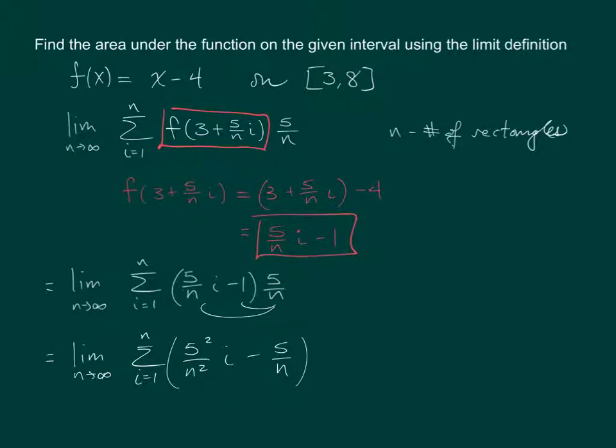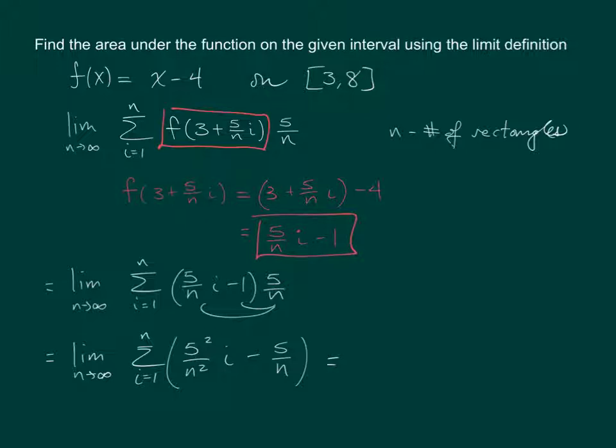And then the last step for this page, I'm going to separate out this entire sum. So one thing that is important to remember is that 5 squared is a constant, it's 25. I will write 25 in the next step here. But n is also a constant. So we treat 5 and n as a constant.